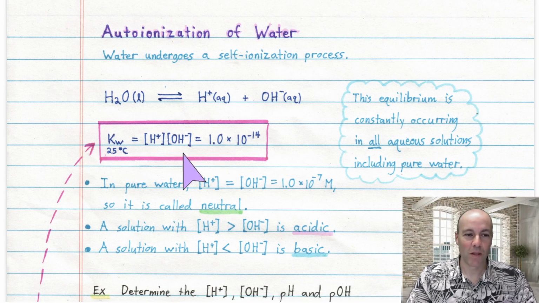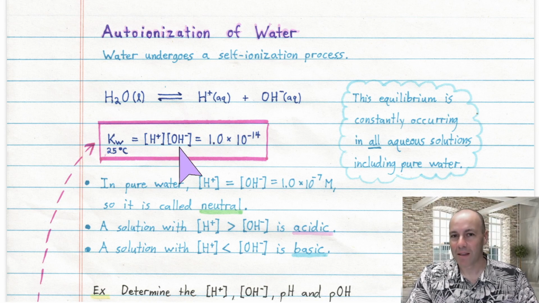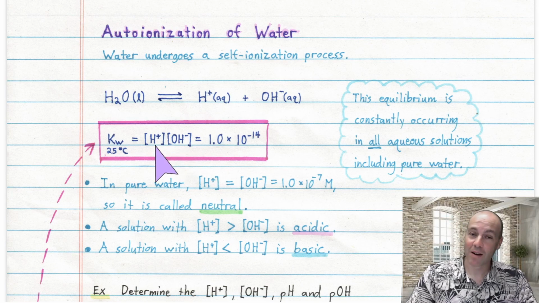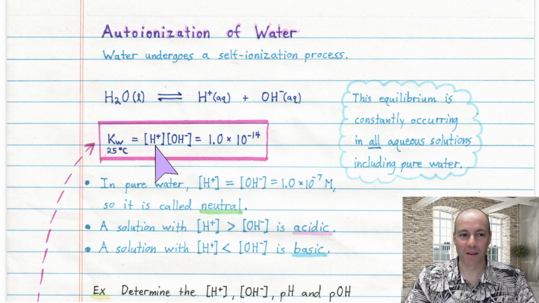In acids, we usually can get to the proton concentration pretty easily, and therefore we can calculate the hydroxide concentration. And if we're dealing with bases, then we can figure out the hydroxide concentration without too much trouble, and therefore calculate the proton concentration. Let's do a couple of examples of this.